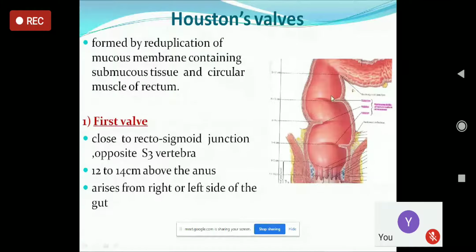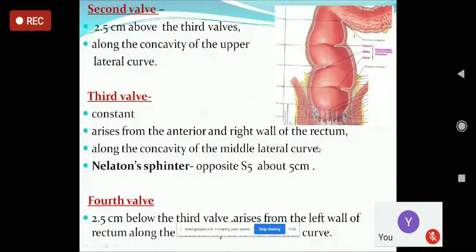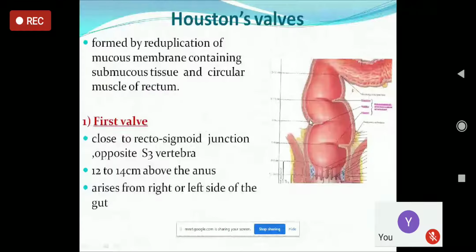The first valve is close to the rectosigmoid junction at the level of S3. It is 12 to 14 centimeter above the anus, and it arises from the right or left side of the gut. It may be on the right side or it may be on the left side.